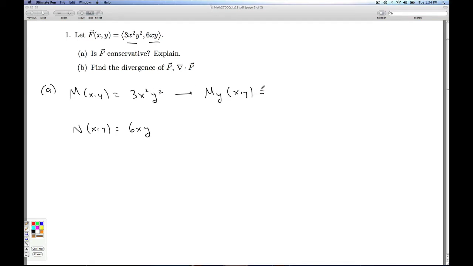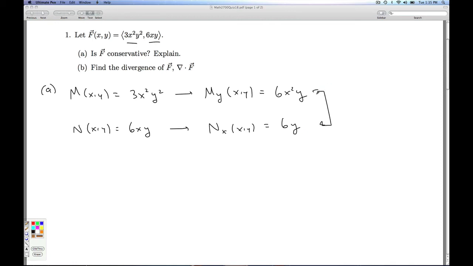You take the derivative of this, you get 6x squared y. This is continuous on the entire plane. Let's look at nx. That's 6y. This is continuous in the entire plane.